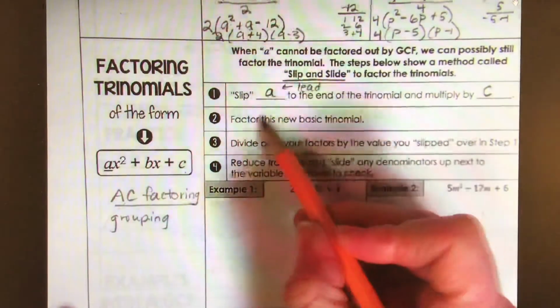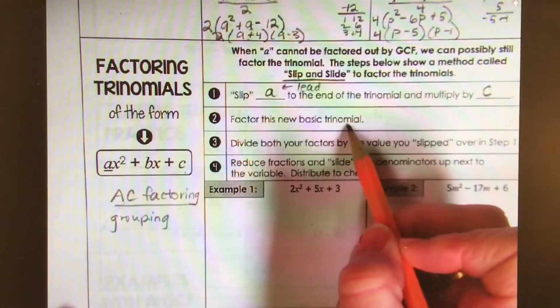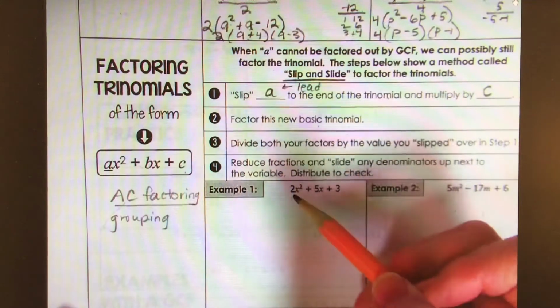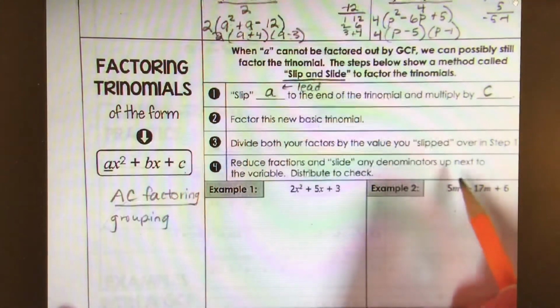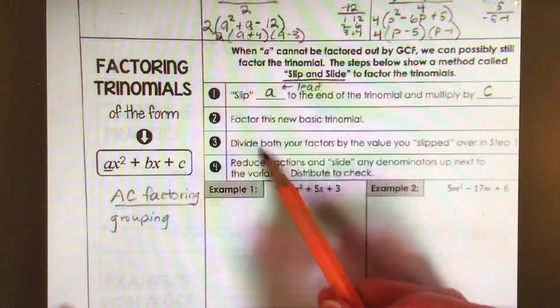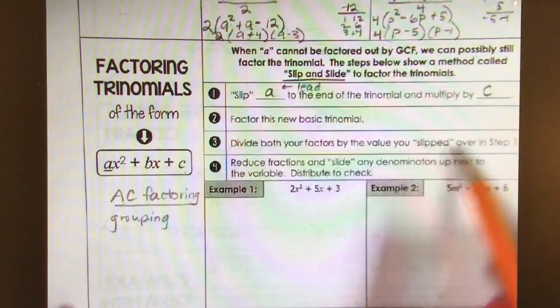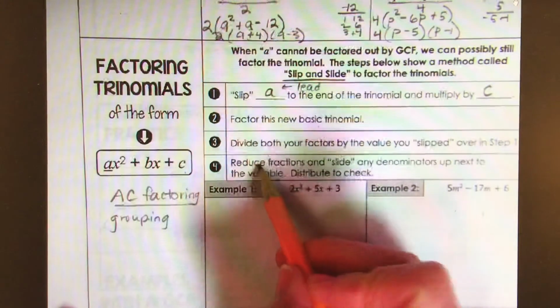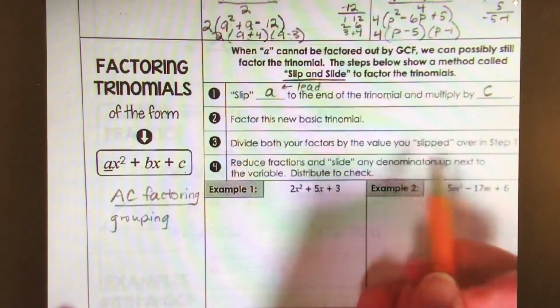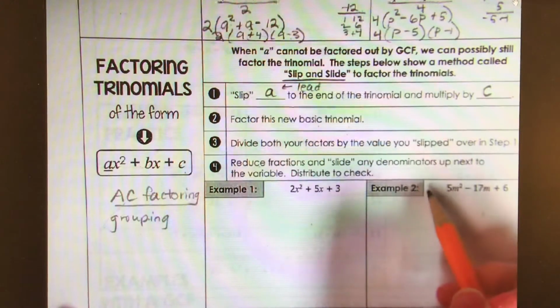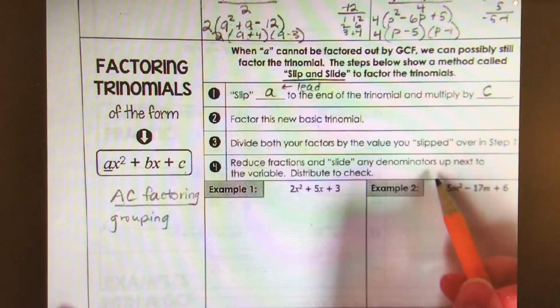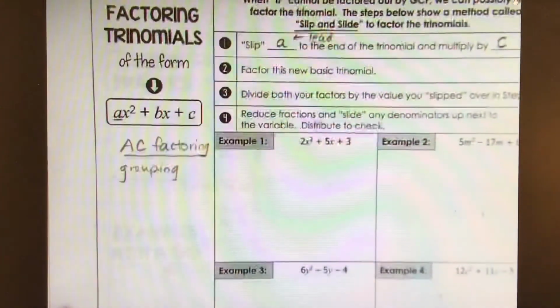And then we're going to factor this new trinomial out. And then we're going to divide. It's easier if I show it to you, which I will, but divide both of your factors by what I slipped over. We're going to do some simplifying, and then we're going to put whatever our denominator is next to the variable. It'll make sense in just a minute. So let's go ahead and show you this in action.